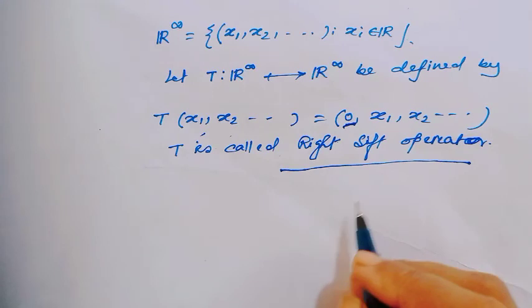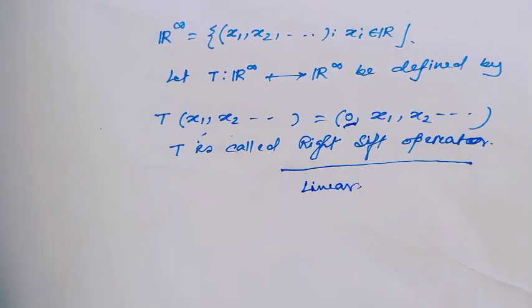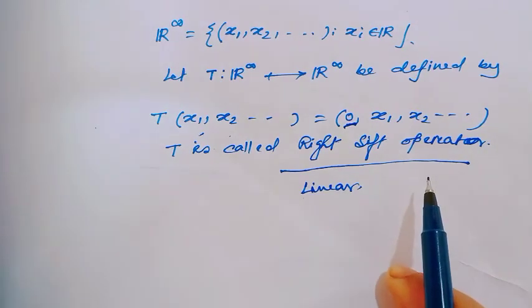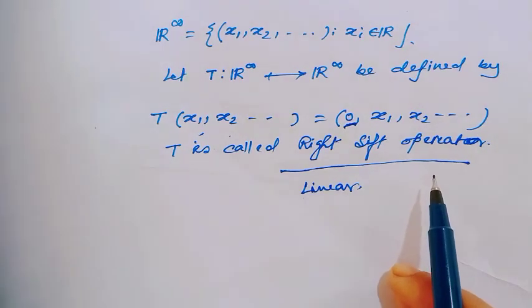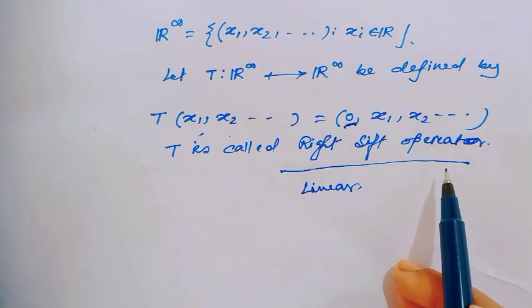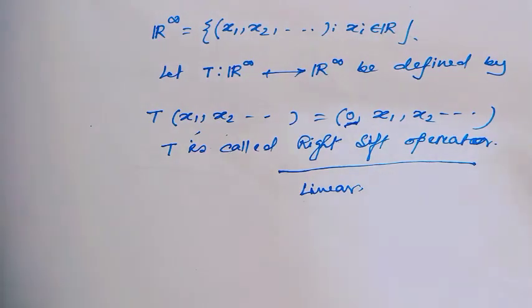And check it yourself, obviously this operator is linear. This type of example is more important for higher study. What is the right shift operator? What is the left shift operator? What is the differential operator? What is the integration operator? This is more important for competitive exams and higher study.